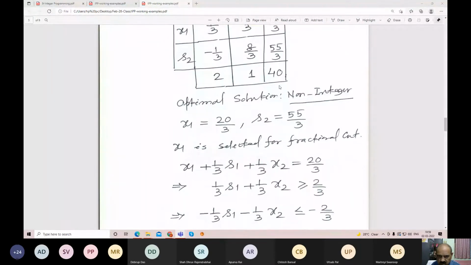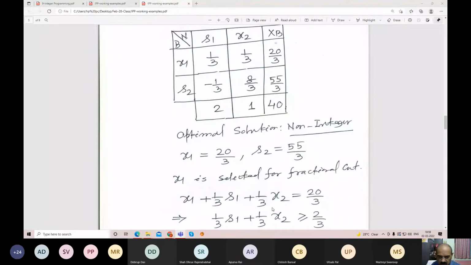With respect to x1, we have x1 plus 1/3 h1 plus 1/3 x2 equal to 20 by 3. With respect to this, we will have a fractional cut in this manner. The cutting plane is 1/3 h1 plus 1/3 x2 greater than or equal to 2/3. What is the equivalent cutting plane? If you want to express it, you subtract.